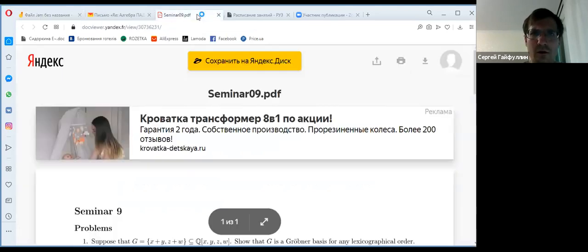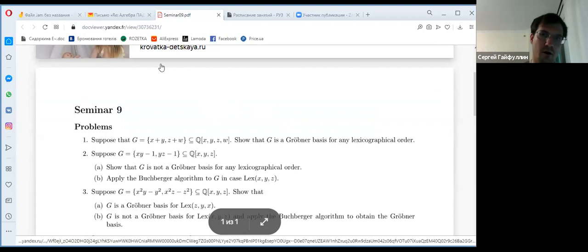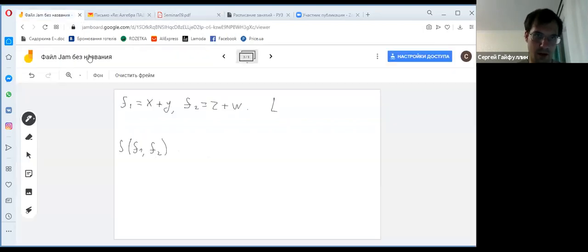In this task we need to show it for any lexicographical ordering, but let us do it for the standard lexicographical ordering first of all, and then we can think about any one. Now we have the standard lexicographical ordering, that x is bigger than y, is bigger than z, is bigger than w.